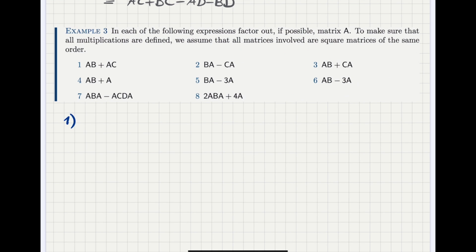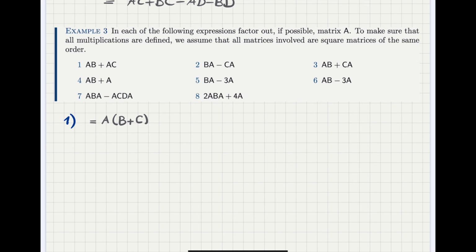Can I factor matrix A out? Yes, there is a common matrix between these two, and A here is sitting on the left, A here is also on the left. So I can factor it out, and I have to factor it from the left. There is no other way to write that.